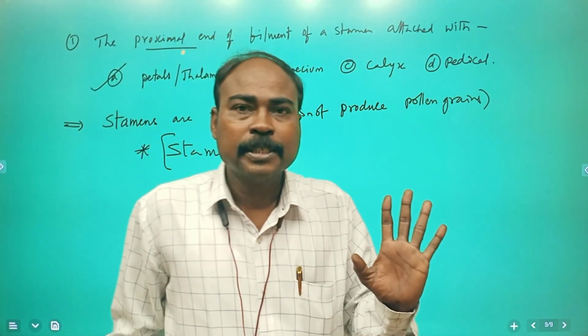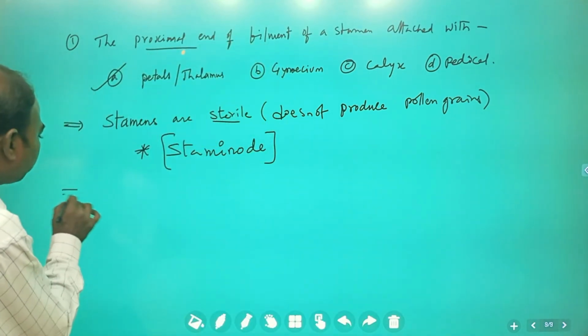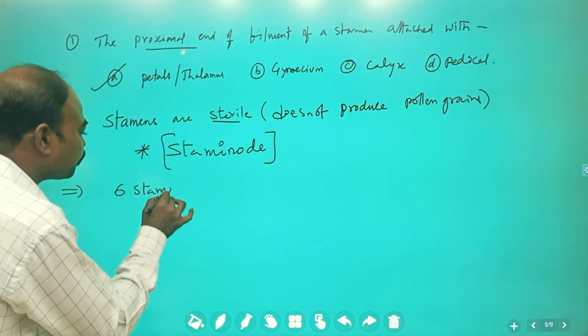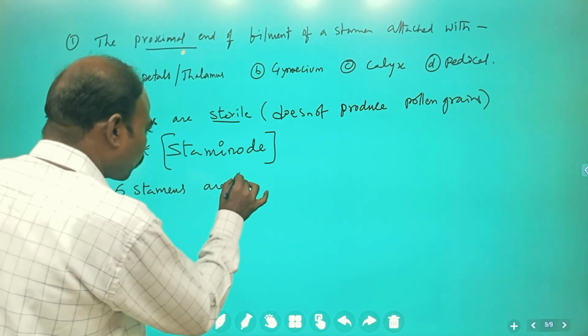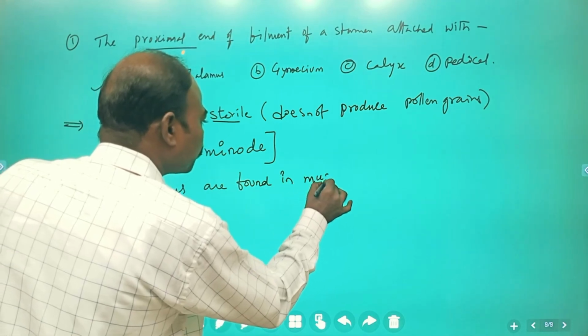In flowers, these stamens may be free. For example, 6 stamens are there in mustard plants.